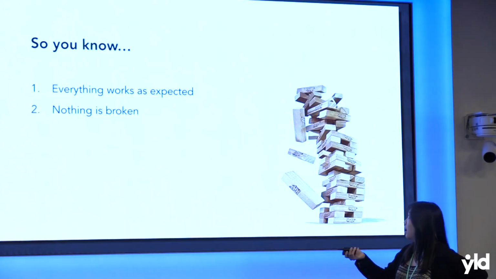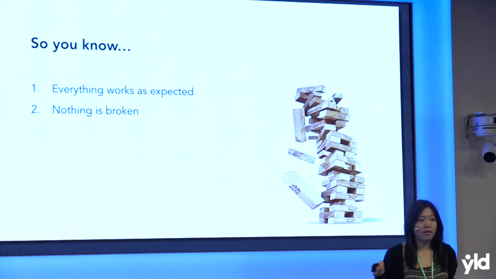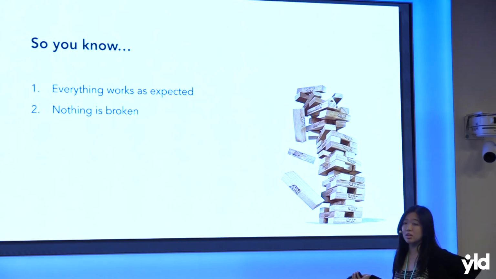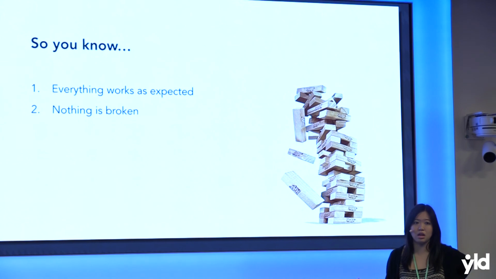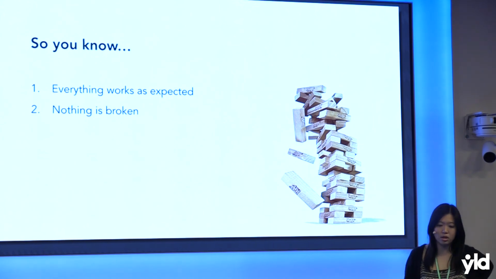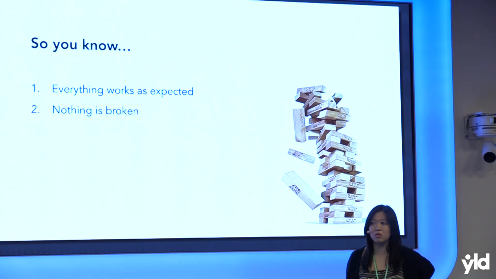For me, the biggest reasons why I write tests are two things, really. One is that you know that everything works as expected. And the second reason is when you change things, you know that you haven't broken anything that you've written before.